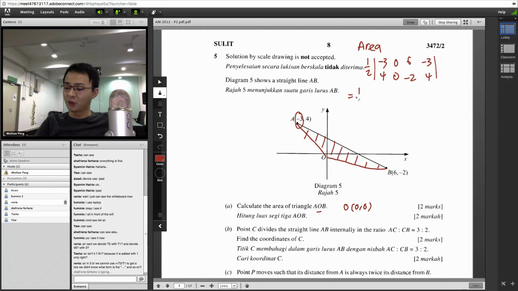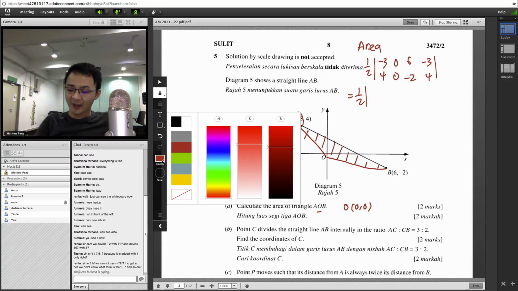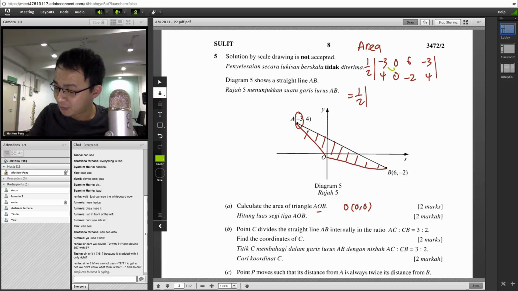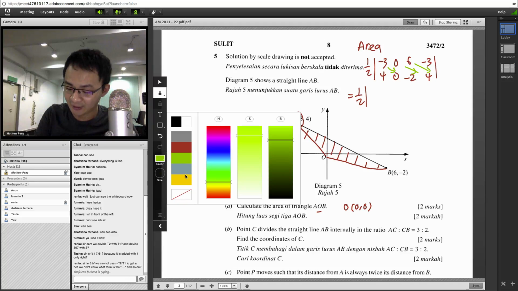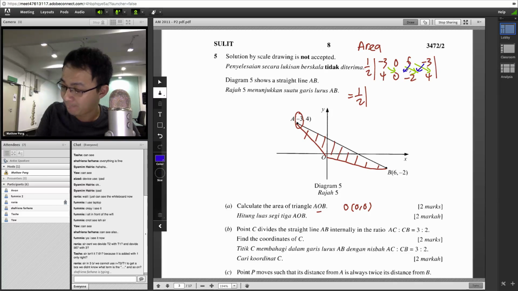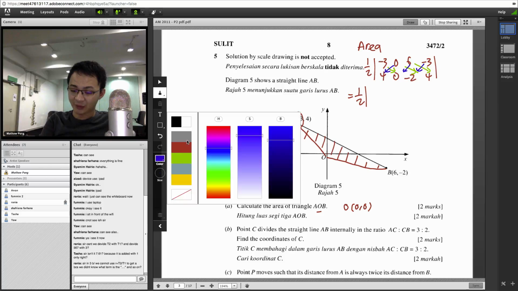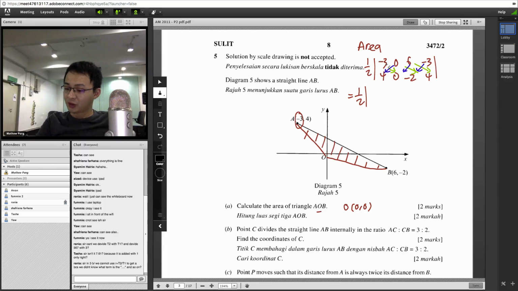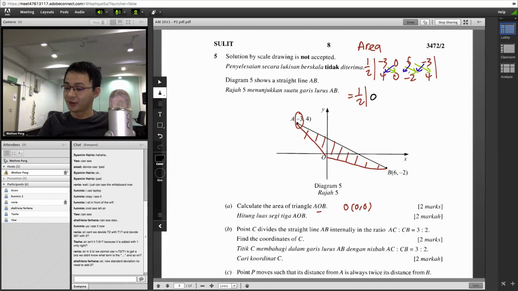So what I will do is half, and then multiply like this: 0 multiply 2, and then 6 multiply 4, and then you multiply the other way around, like this. Let's have a look. 3 multiply 0, I will get 0. 0 multiply -2, I will plus 0. 6 multiply 4 plus 24.